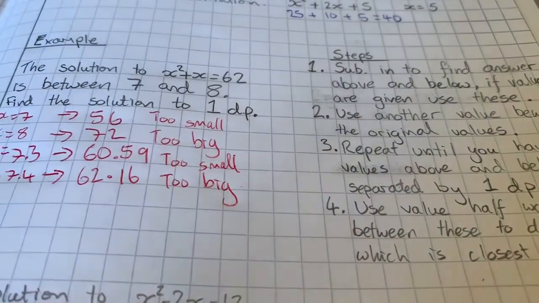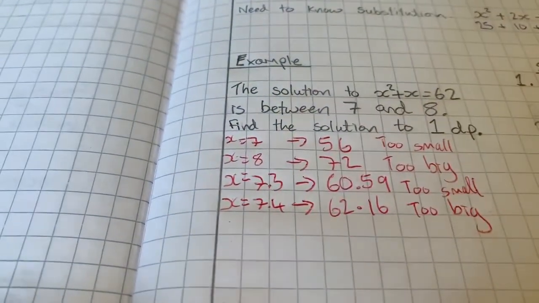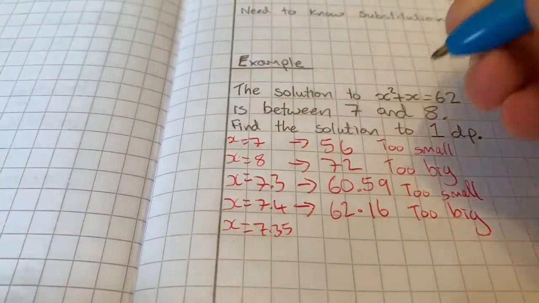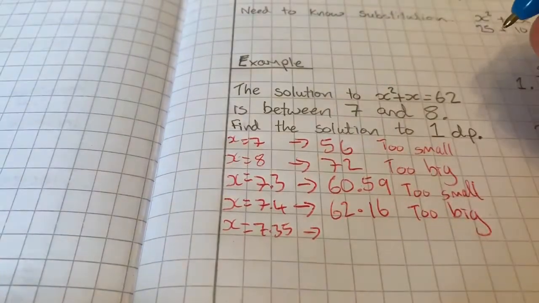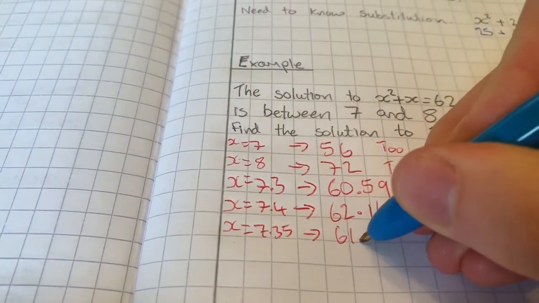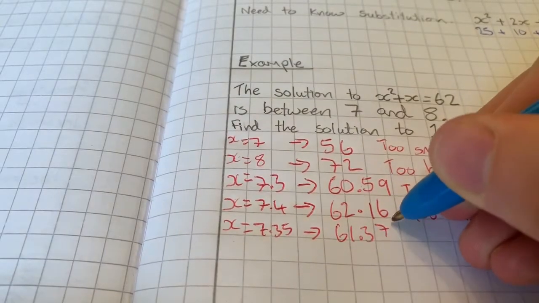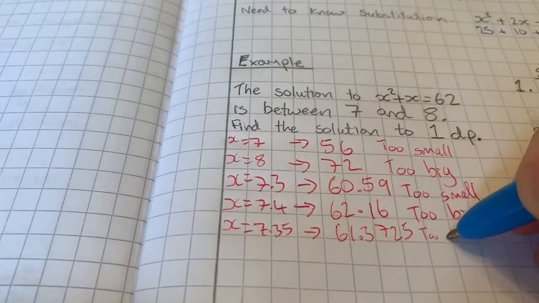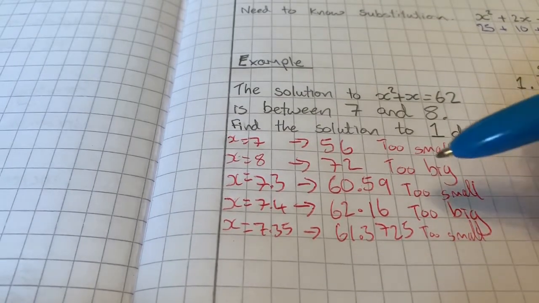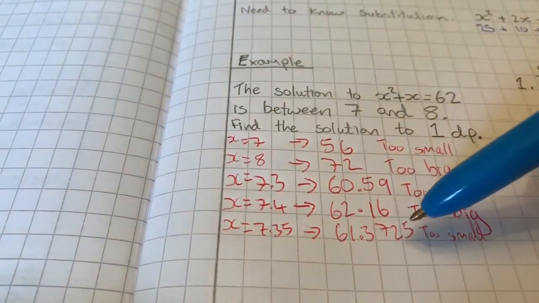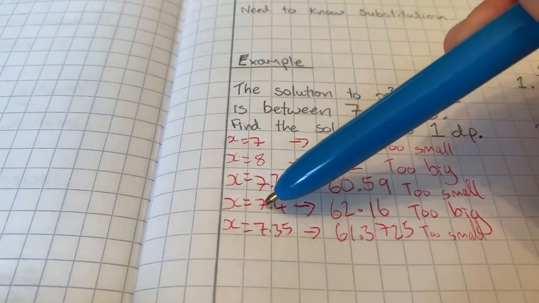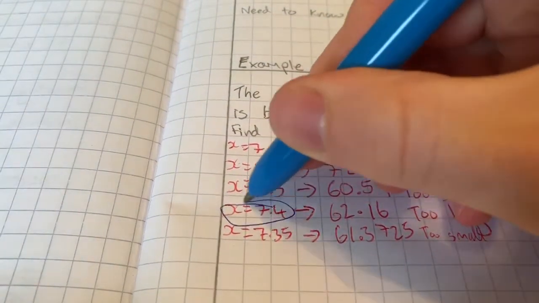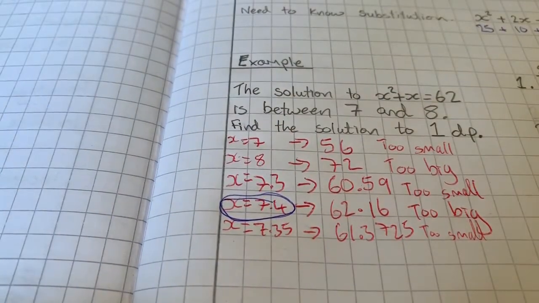I'm going to substitute in x equals 7.35, and it gives you a solution of 61.3725. Now that is too small. So as this is too small, it must mean your actual solution is closer to 7.4. So your answer is 7.4 for being closest.